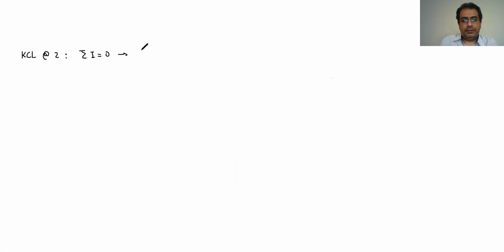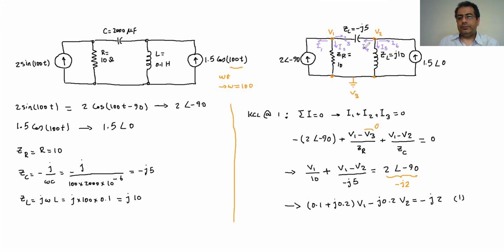Therefore, I3 plus I4 plus I5 plus I6 should be 0. I4 is the voltage at the start minus the voltage at the end divided by the resistance between them, so V2 minus V1 divided by ZC.